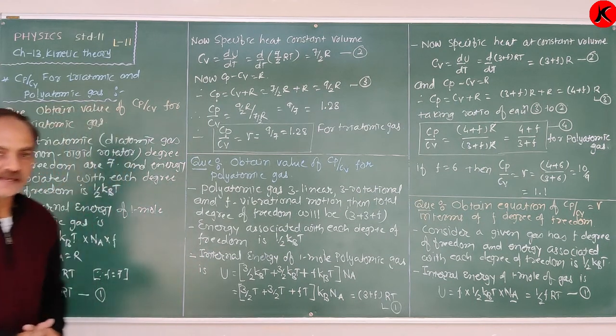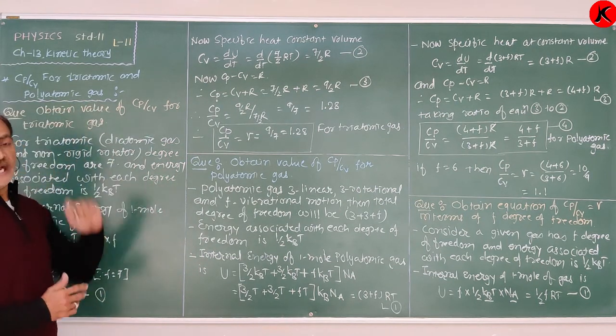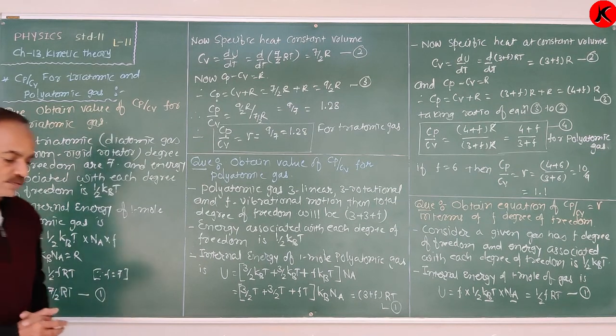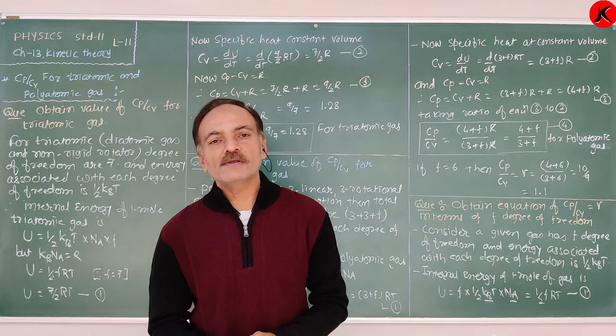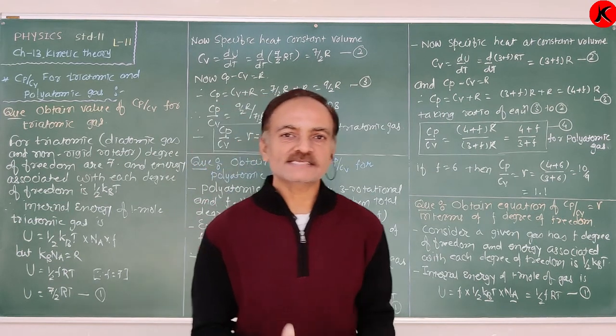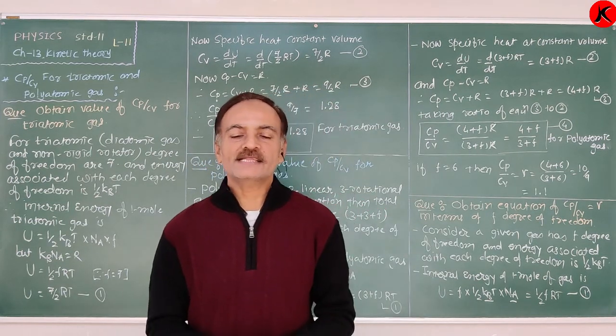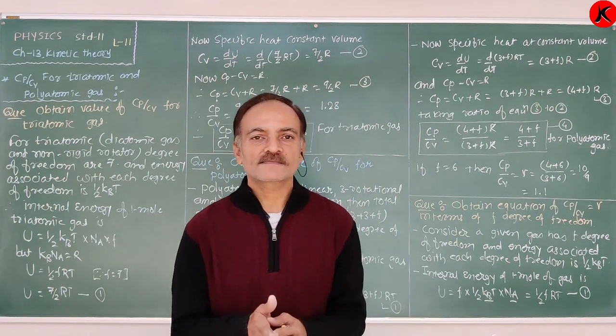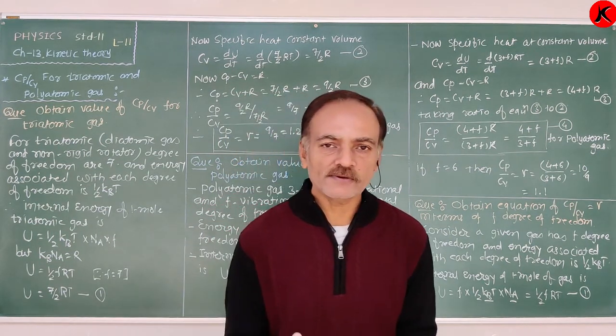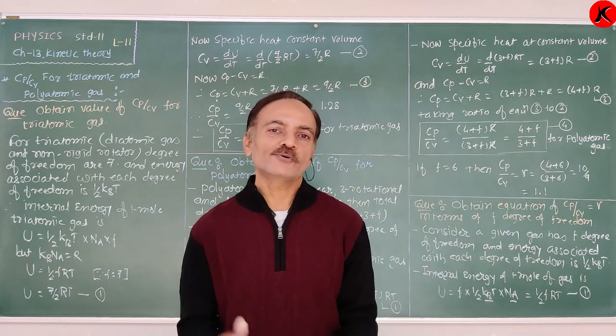In a similar way, for diatomic gas with rigid rotator, what is the meaning of rigid rotator? We already discussed. The molecule of a diatomic gas is made up of two atoms, and the separation or distance between the two atoms is fixed, does not change. Therefore, this molecule acts as a rigid rotator.